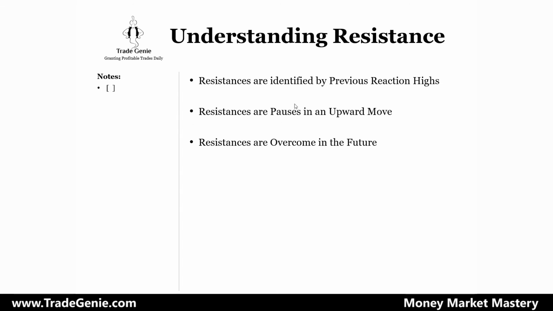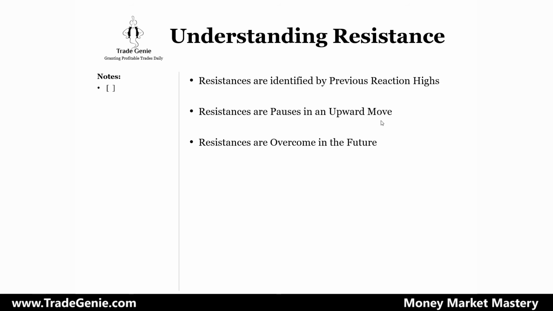So understanding resistance. So what is resistance? Resistances are identified by previous reaction highs. So anytime the stock goes and hits a certain price and pulls back significantly, that is a resistance. So the stock goes from 100 to 110 and it pulls back and closes at 107, then 110 to 107 is the resistance area.